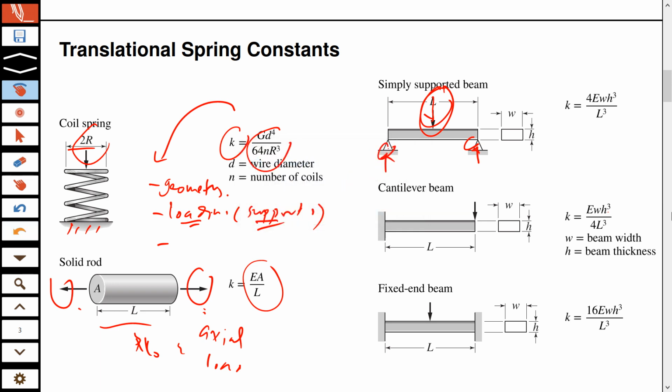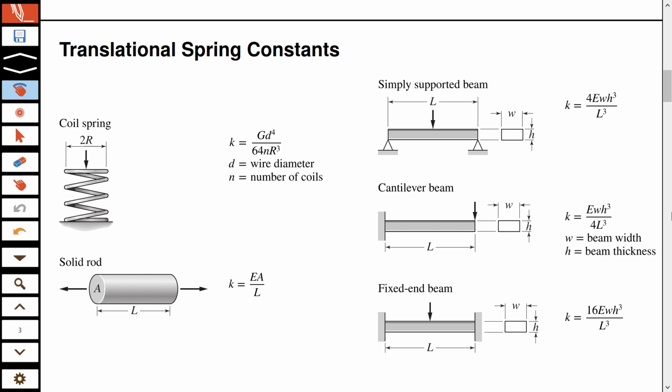To see why it's important, for example, all these 3 objects have the same shape. They have the same length, the same width, and if you look at it from the side, the same height, but in spite of that, these formulas are different. Why? Because they all have the same load.